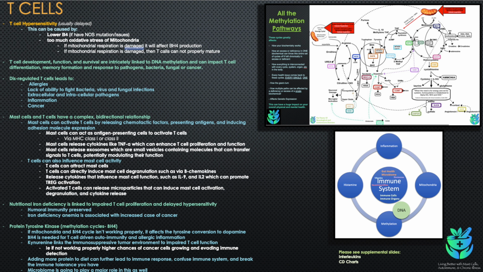Adding more protein to the diet can further lead to immune response, confusing your immune system and breaking the immune tolerance you have. The microbiome is going to play a major role in this as well. So as you can see, there's a very close tie between methylation, mitochondria, inflammation, and your T cells.